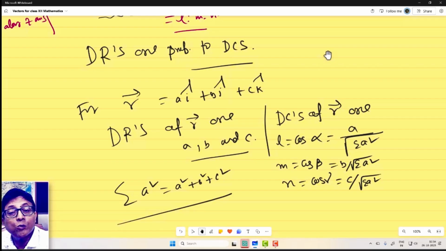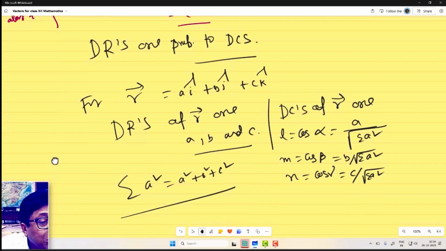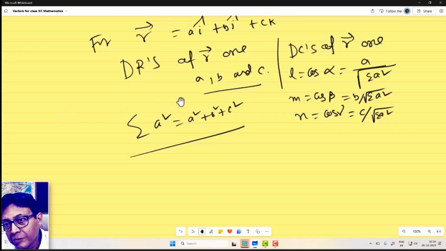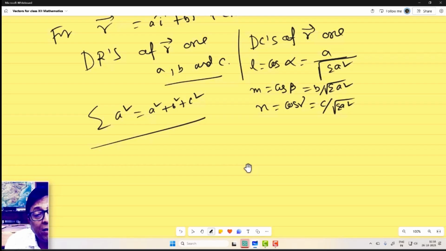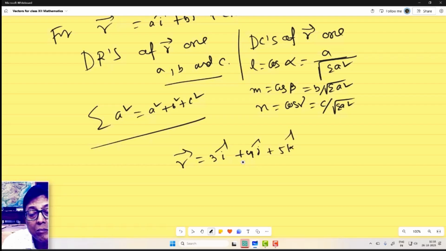So, hope you have understood the clear difference between direction ratios and direction cosines here. L, M, N are called direction cosines. A, B, C in the vector are called direction ratios. Now for this vector, if you take an example, r equal to 3i plus 4j plus 5k, these 3, 4 and 5 are called DRs.